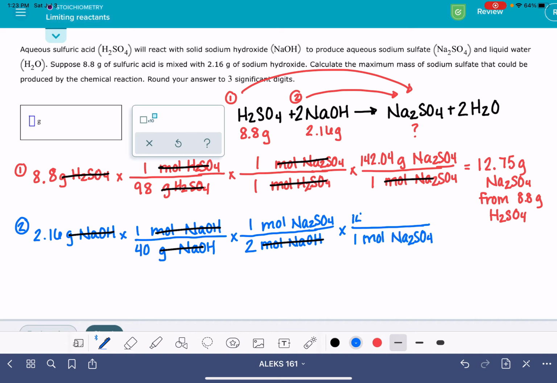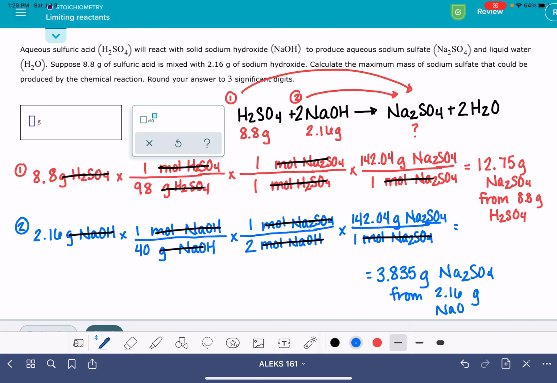We want to convert into the grams of Na2SO4, so we want that up on top, using the molar mass, the molecular weight of Na2SO4. So we'll do all of the math again. As you can see, this is basically the exact same problem that we've done twice, once for each one of those reactants. And for this one, I get 3.835 grams of Na2SO4 that we would make when we're starting with the 2.16 grams of NaOH.